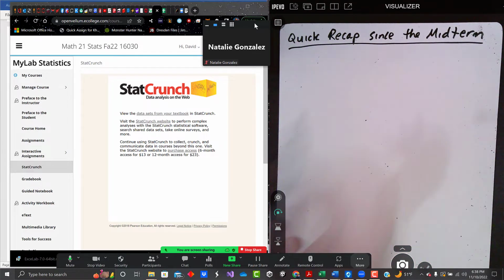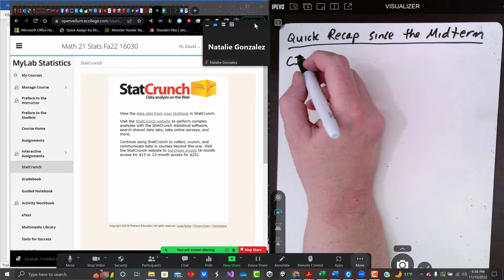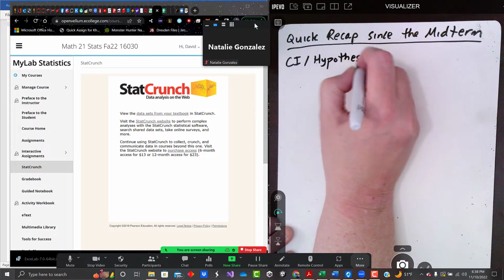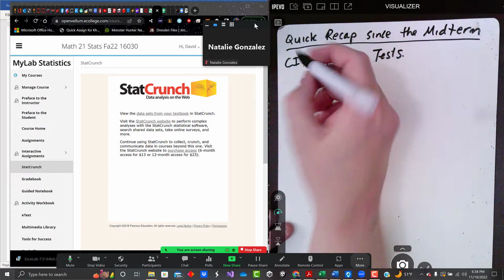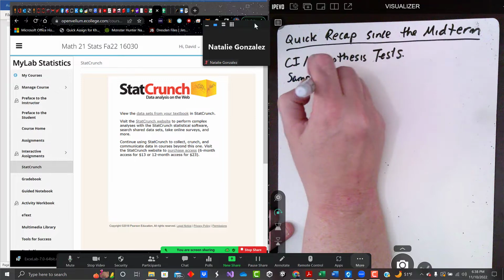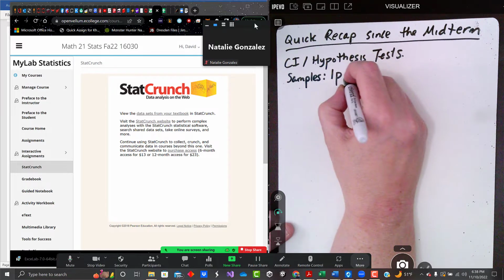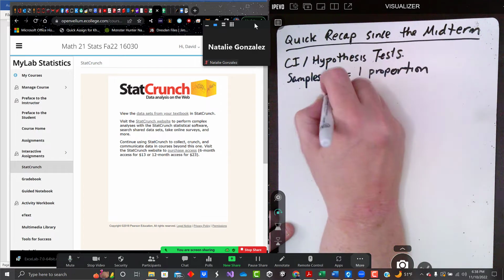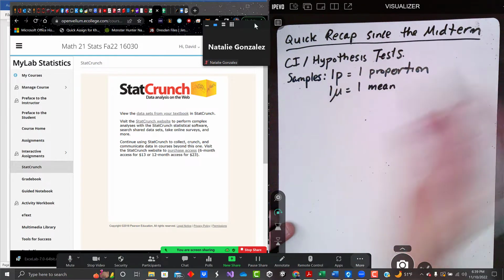So mostly we've been doing confidence intervals and hypothesis tests. And we've done so far the samples we've done. We've done one proportion, that's my way of saying one proportion test. We've done one mu, which is a one mean sample group.